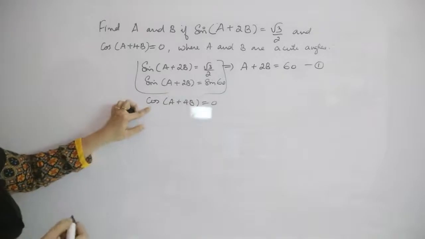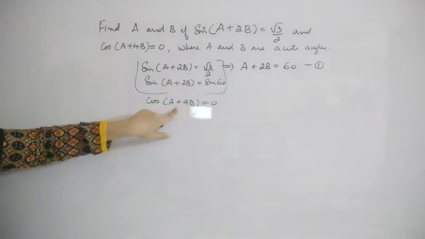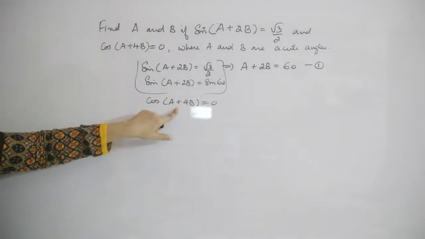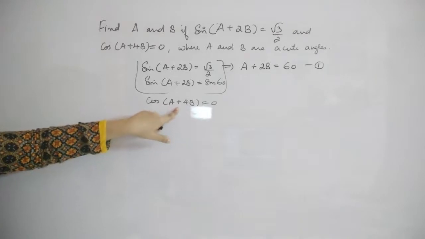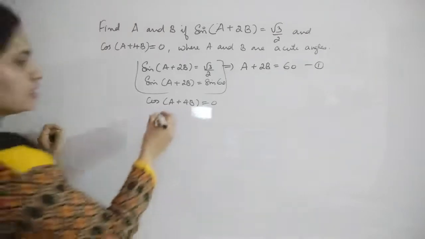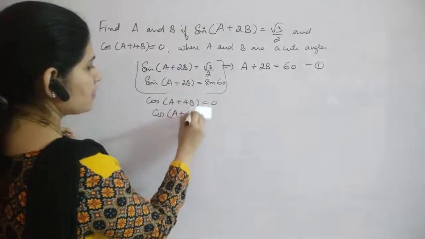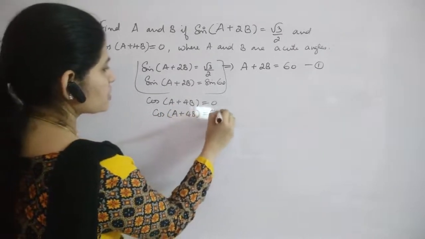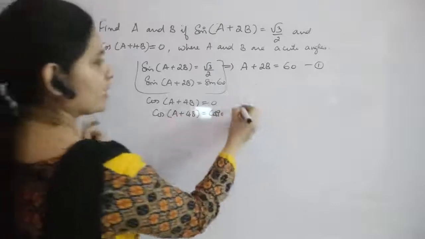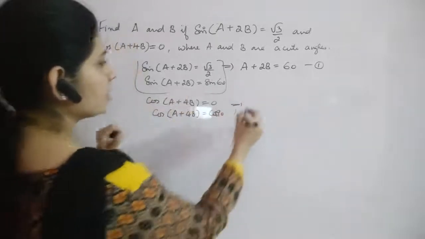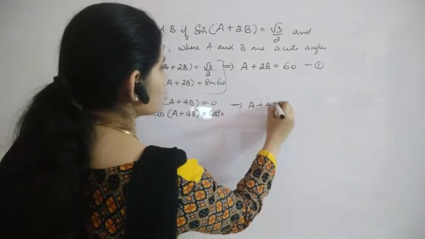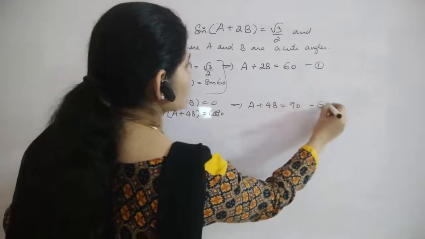Which angle will give you 0? Cos 90. Cos 90 is 0, so either you can write one more step, cos of A plus 4B is equal to cos 90, or directly write that A plus 4B should be 90. That is your second equation.